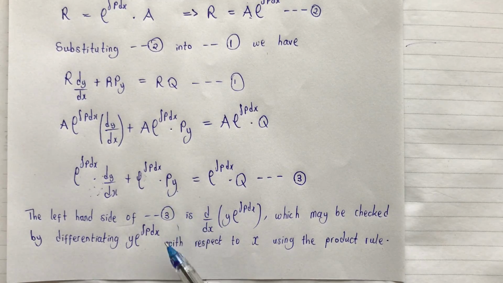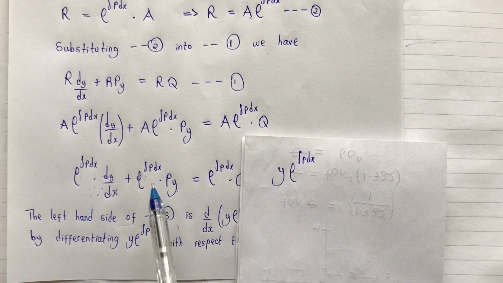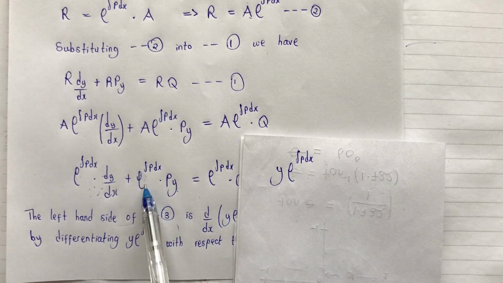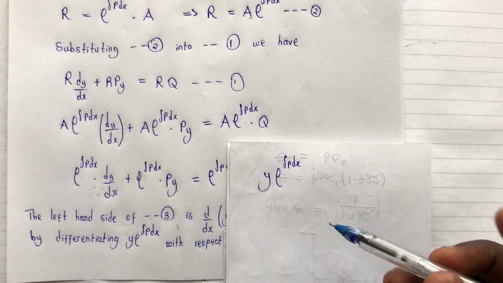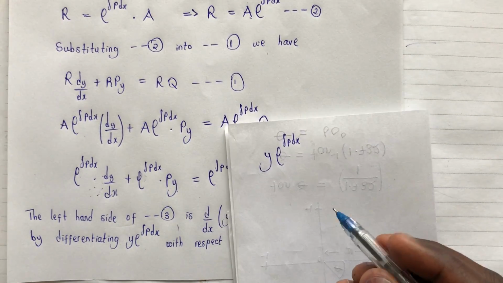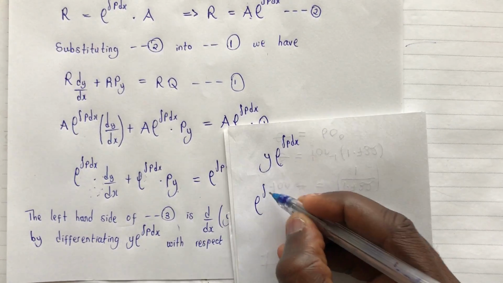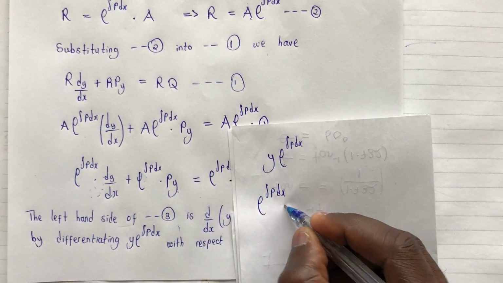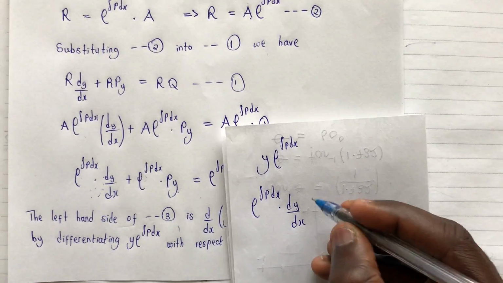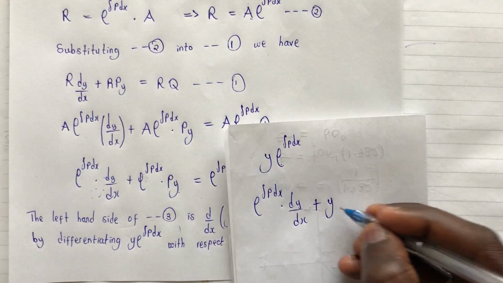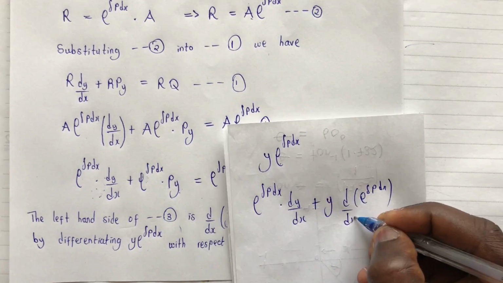Now let's see what this statement means. Assuming that I have the function y times the integrating factor, e^(∫p dx). Now watch carefully. When I differentiate this with the product rule, I will hold the first variable, e^(∫p dx), then multiply by the derivative of y, giving me dy/dx, plus I'll hold y, then differentiate the integral of p dx with respect to x.